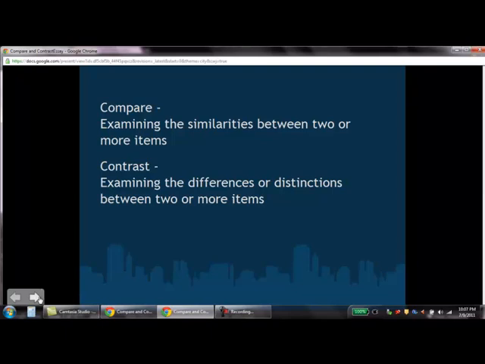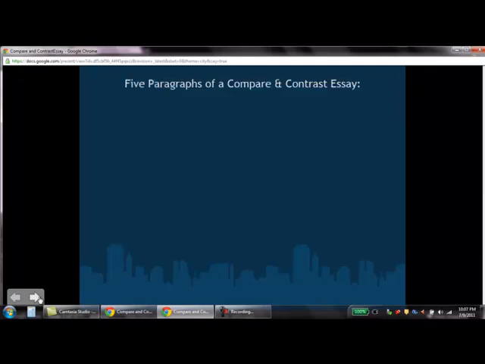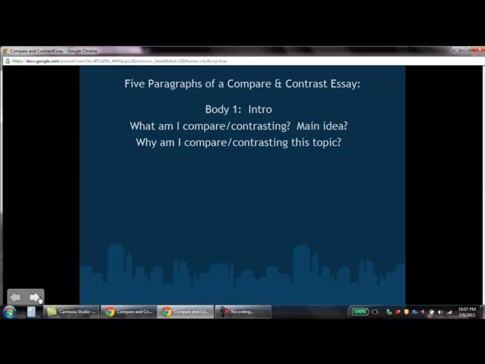So then let's go back to our 5-paragraph essay, because we're still going to structure everything in that 5-paragraph format. Our first section is always our introduction. Our introduction is going to introduce what it is we're comparing and contrasting, and reasons why we may be comparing and contrasting. Maybe you were thinking about buying a certain product and we want to know the similarities and differences.